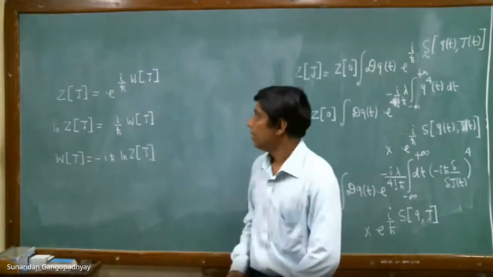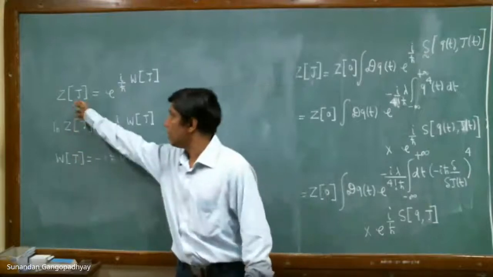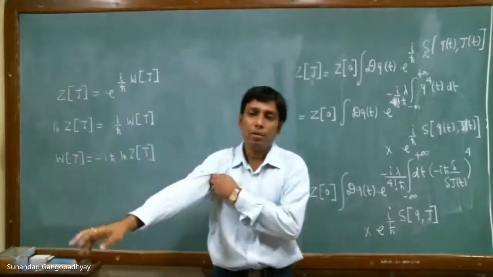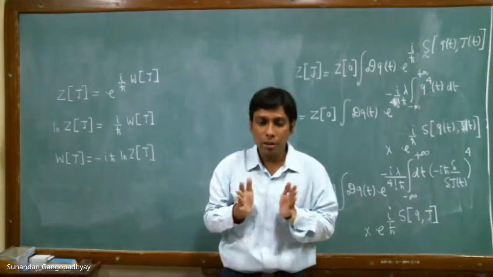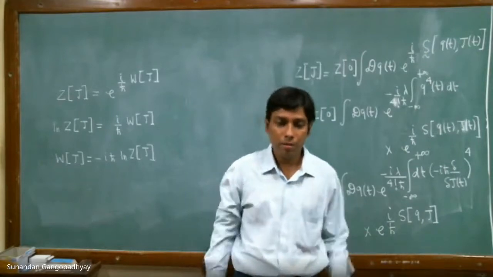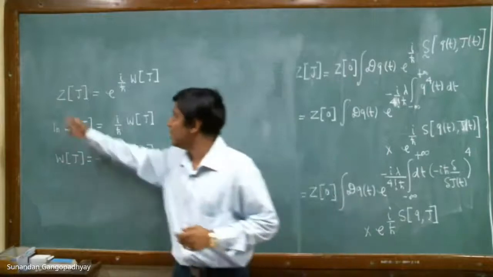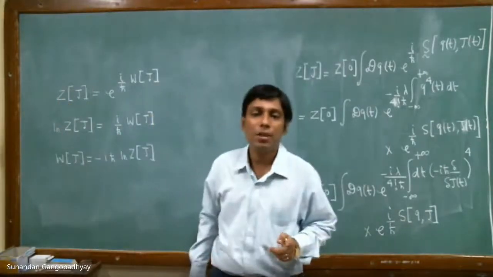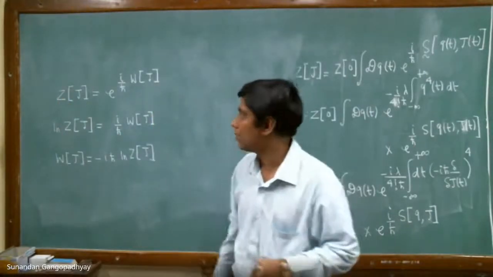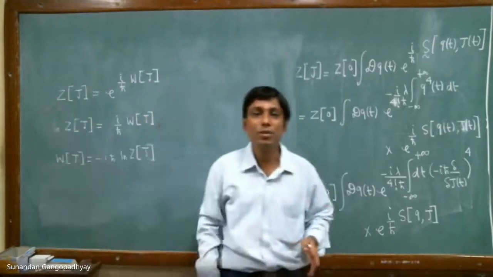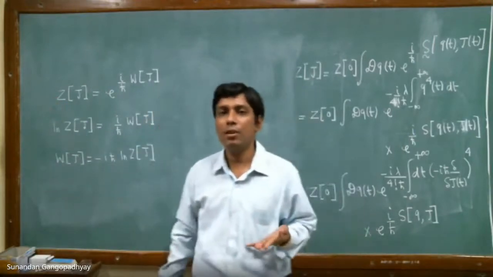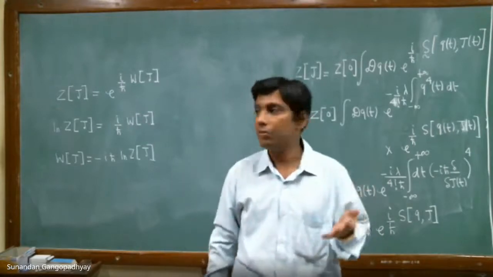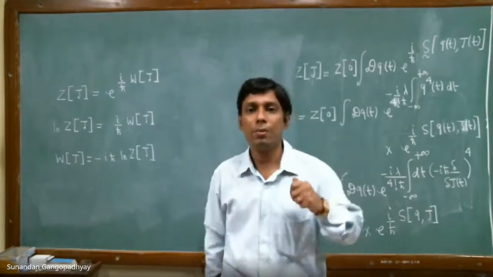And this is, see, this Z[J], you can already see, at least notationally, that in statistical mechanics we use Z for the partition function. Here also we use Z for the generating functional. And in statistical mechanics we know that Z is related to the free energy by e to the power of minus beta F, right?